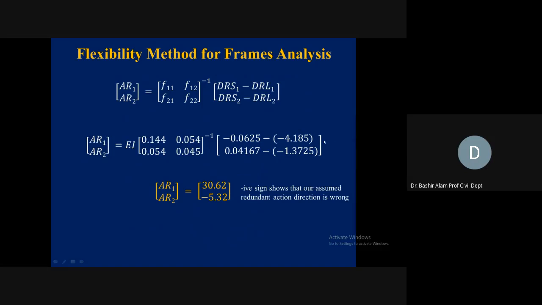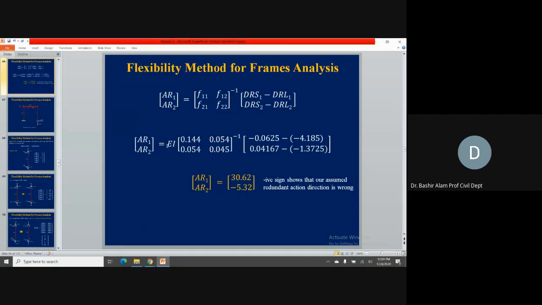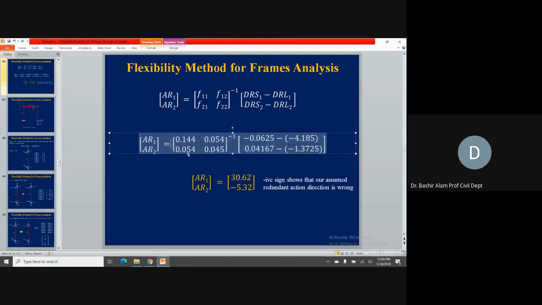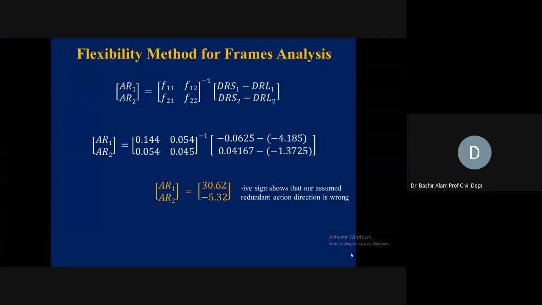And here, remember, it is multiplied by 1 over EI. But EI is already included, so this EI should not be there because we already included the value of EI. So this EI does not have any application. So we need to delete this, and this is now the equation.